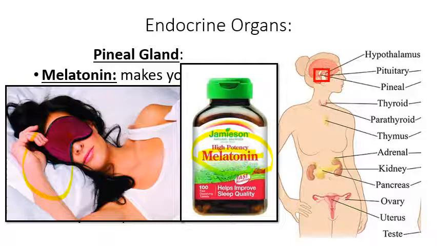Melatonin used to be a prescription-only drug. It is a drug. Now you can buy it over the counter, which is kind of unfortunate, because whenever you have drugs that are sold over the counter, you run the possibility of people abusing those drugs. What happens if you take too much melatonin as a pill, as with any of the endocrine organs, is that if you take that hormone as a pill or an injection, the organ that produces that hormone will start to atrophy.